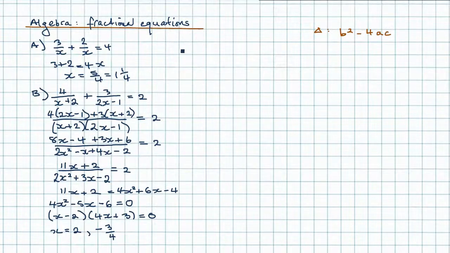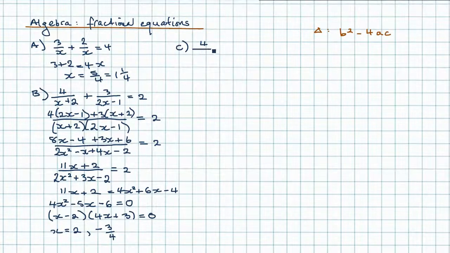Okay, so let's start the next problem here. So what are we going to do? Well, let's not do anything very different so that we get used to this process.